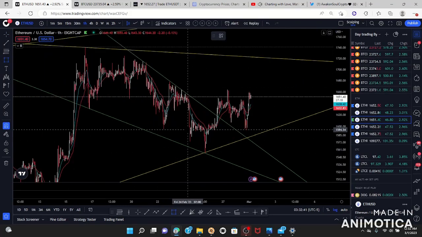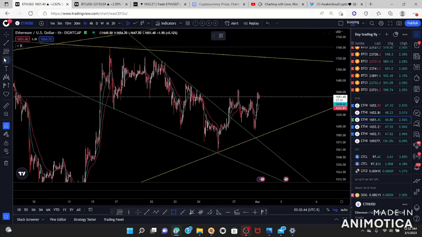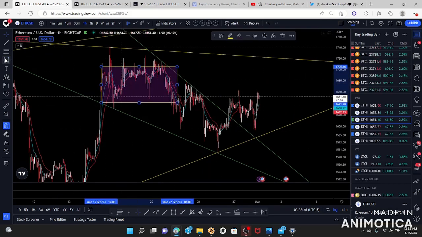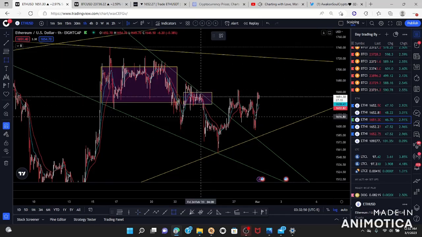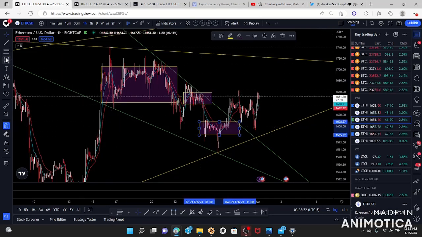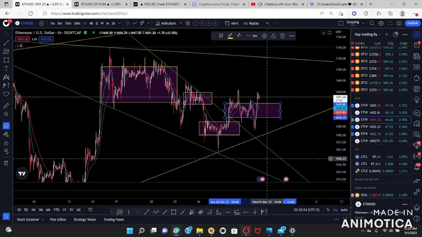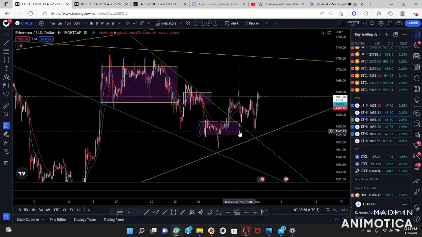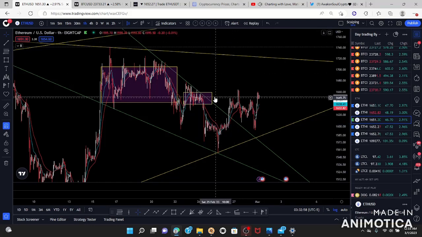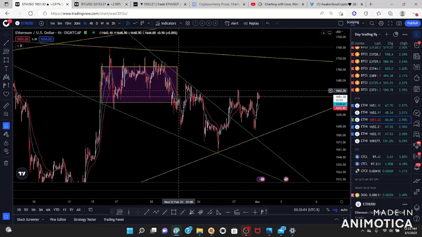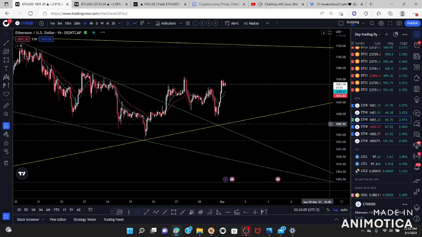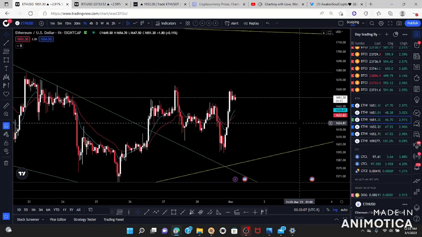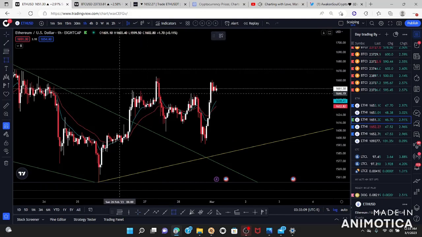Don't forget how the markets move: there's a contraction, there's a trend, contraction, trend up. So now we're in this contraction phase. Within it, I was able to visualize where the next move was headed, as it created a Wyckoff pattern here.